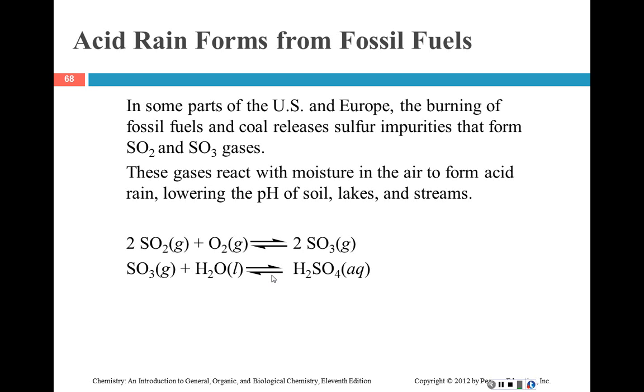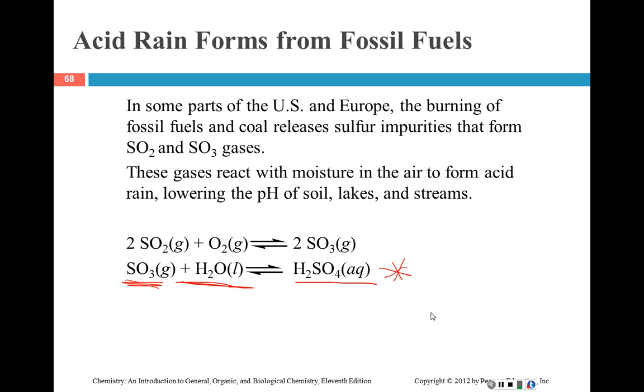Now, these gases are going to react with moisture in the air, and just like if we were doing a reaction in the beaker, they're going to produce an acid. And in the case of sulfur trioxide with water, what are we going to produce? Sulfuric acid. And if you look back on your chart, you're going to remember that that's a strong acid.